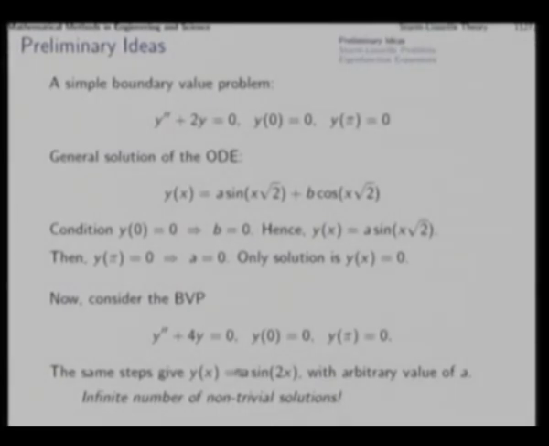Now, in the earlier case we could find only the trivial solution, there was no non-trivial solution at all. In this case, we have got an infinite number of non-trivial solutions. For every value of a, we have got a non-trivial solution.